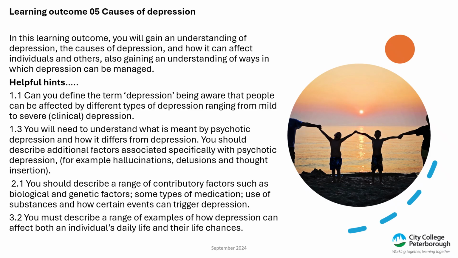And you must describe a range of examples of how depression can affect both an individual's daily life and their life chances. All of this you will do through self-research, through Google, and some of you may have scenarios from your own family and life that you can draw back on.